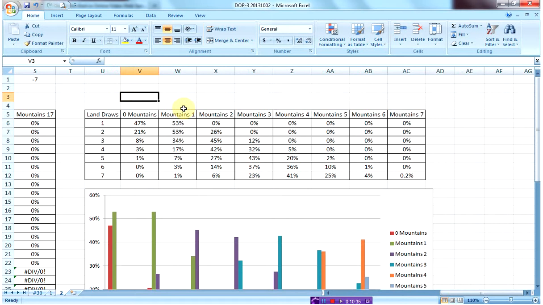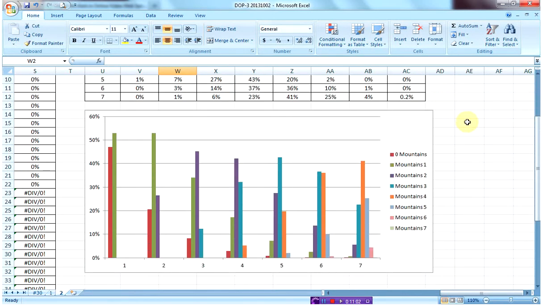So before, when we just put mountains into our A category, we could look at how many cards we had to draw to get a given number of mountains. Now when we're looking at this land deck, the way we're looking at this is how many lands do we have to draw to get to a given number of mountains.